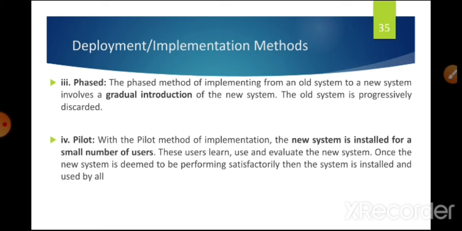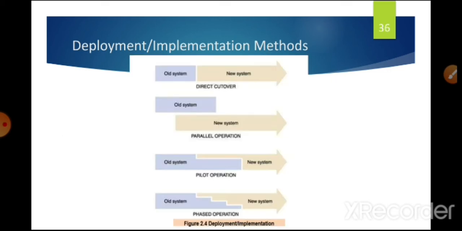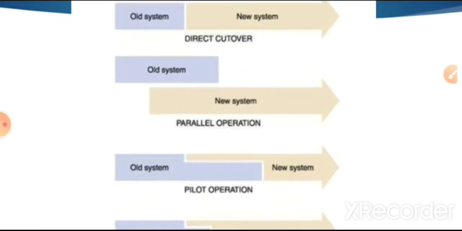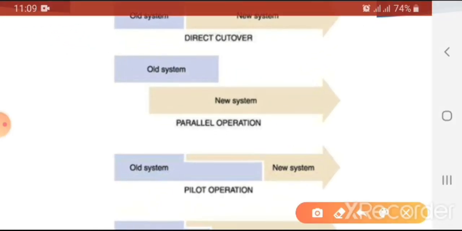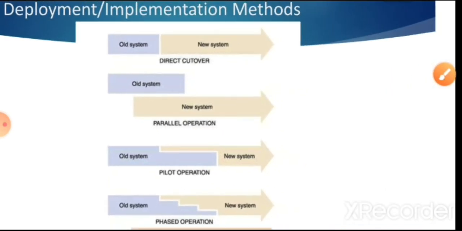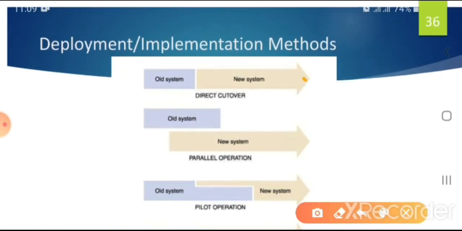So, I have included a diagram over here which is from your book. You can easily understand the concept of these techniques just by looking at the diagram. You can clearly see that this diagram is for the old system and new system.